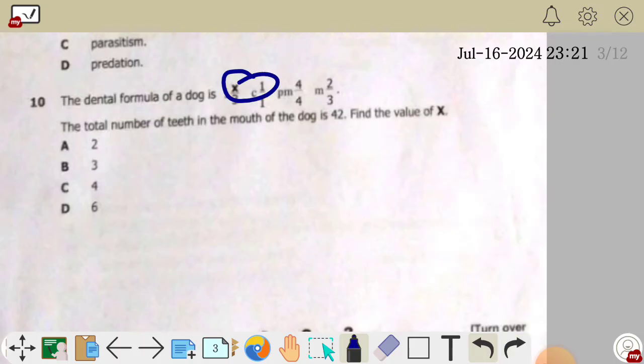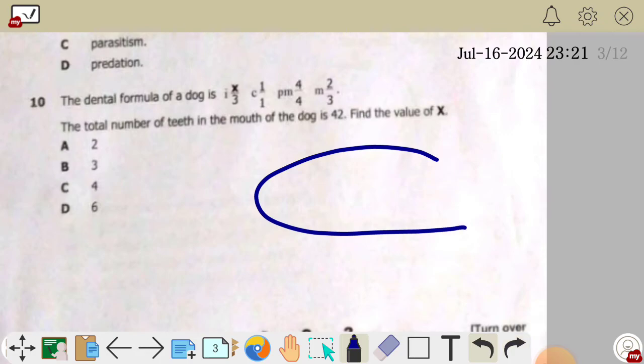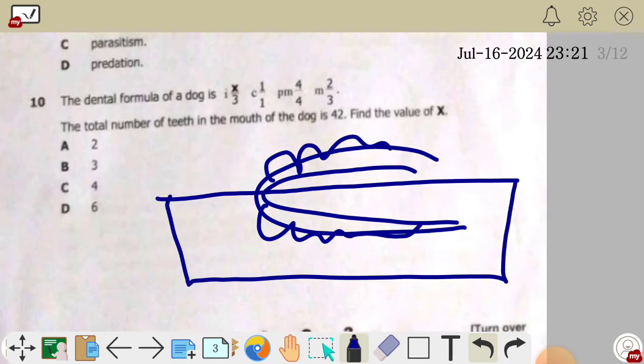So they're asking us to find the value of x, which is the number of incisors in the upper jaw. On that formula, let's say this is the jaw of a dog with some teeth. What they do under dental formula is they just take half of the jaw.